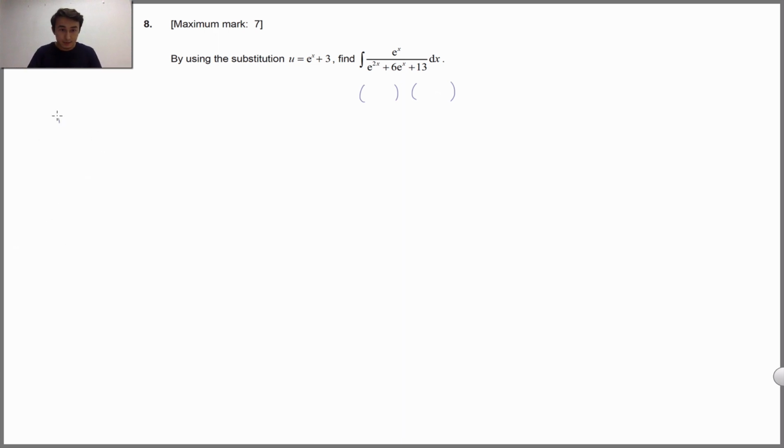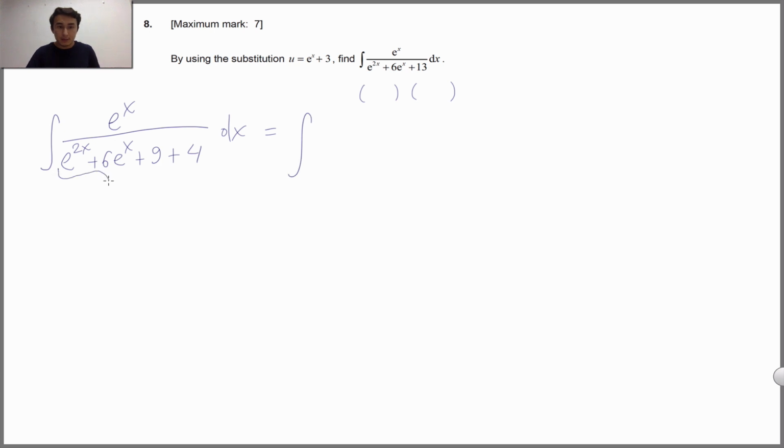So let's transform this into, instead of e^x, for now let's keep it e^x, okay? And then on the bottom we can split it into (e^x + 3)^2 plus 9 plus 4, right? 9 plus 4 is 13, and then dx. And so why do we do this?